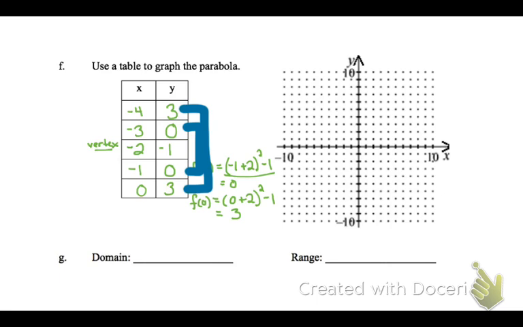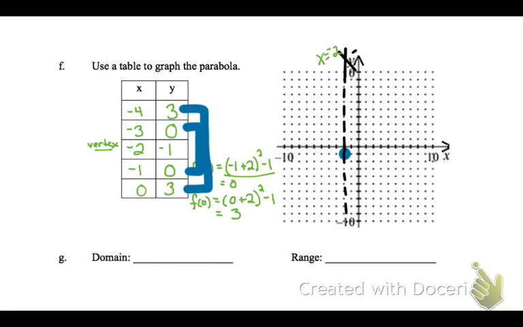All right, so I'm going to graph these ordered pairs. (-2, -1) is right here, and that is my vertex, so I need my axis of symmetry, which is going to be a vertical line straight through that, and I'm going to label that as x equals -2.